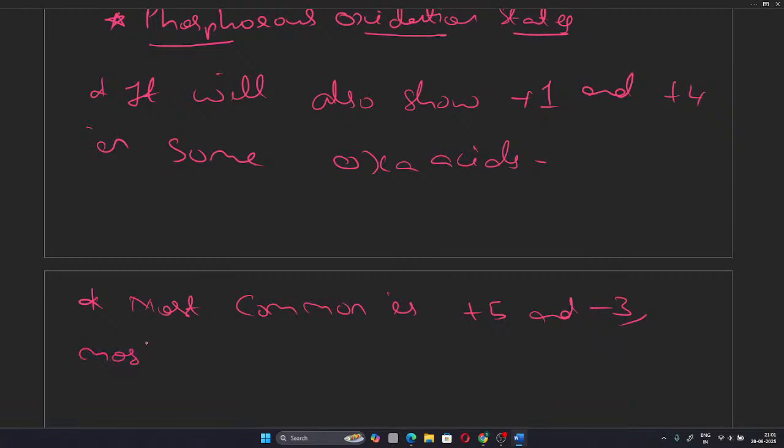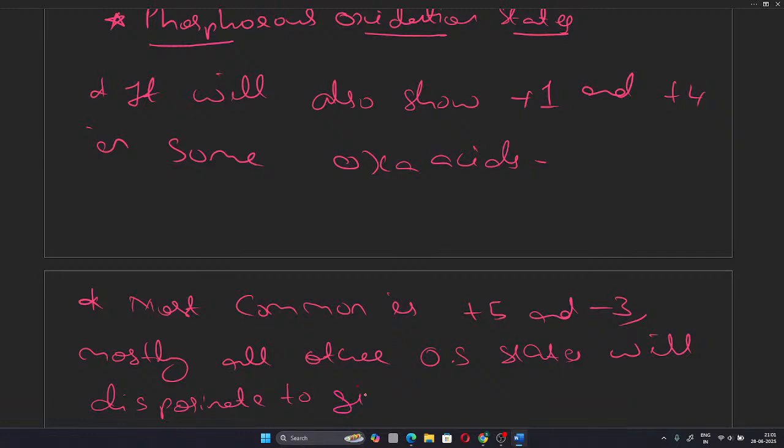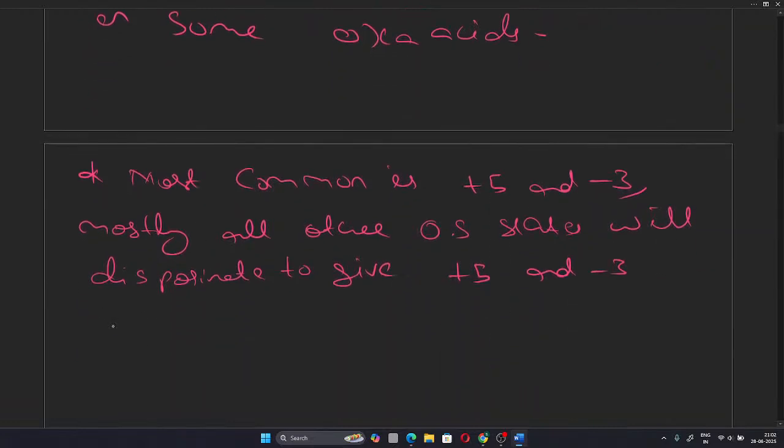Mostly all other states will disproportionate to give +5 and -3 state in both alkali, meaning base, and acidic mediums.